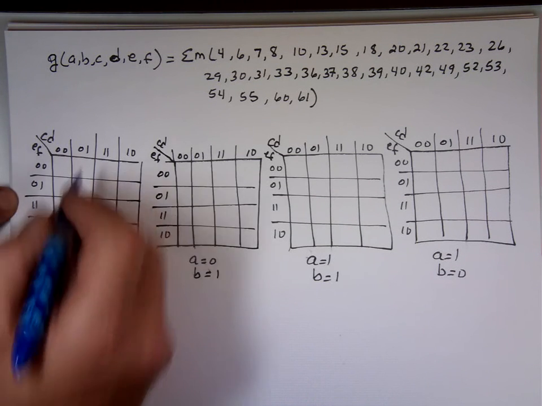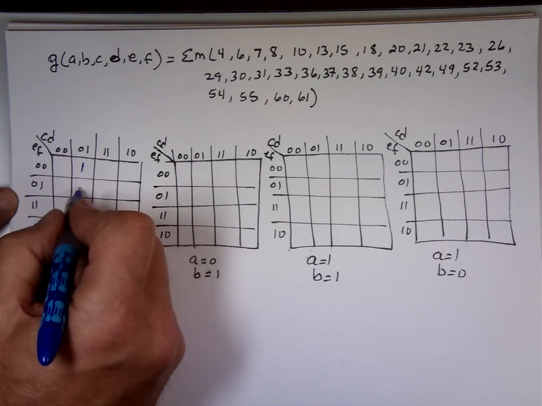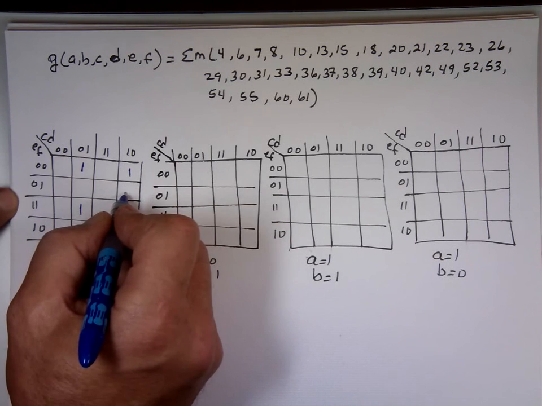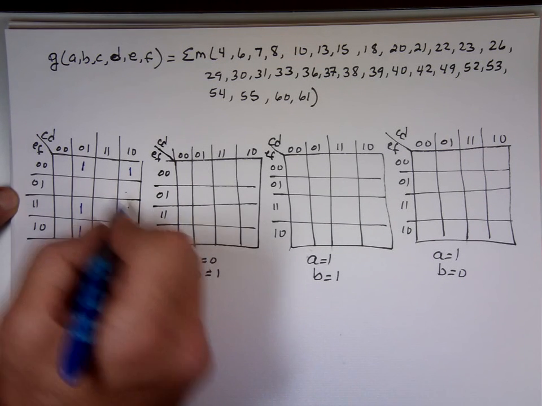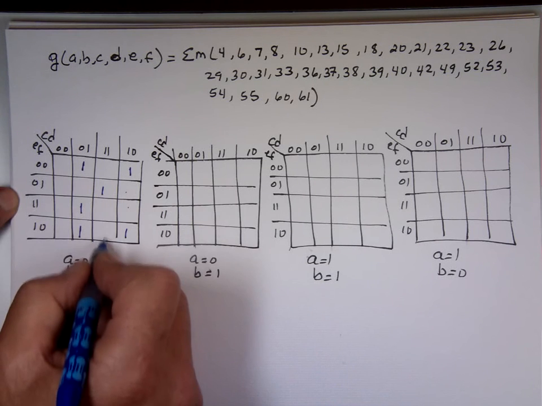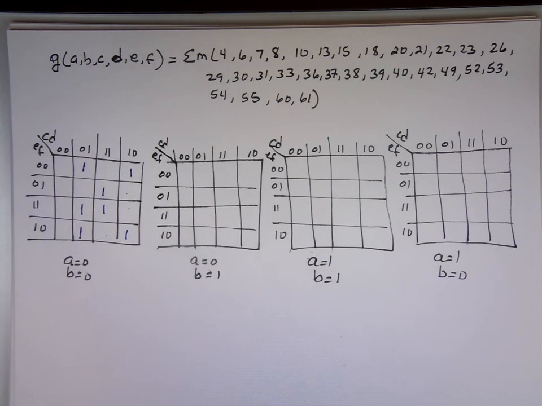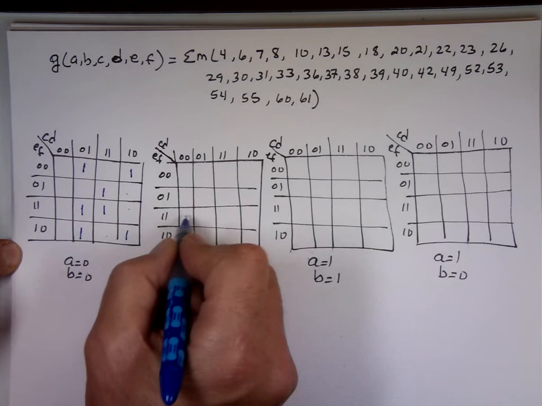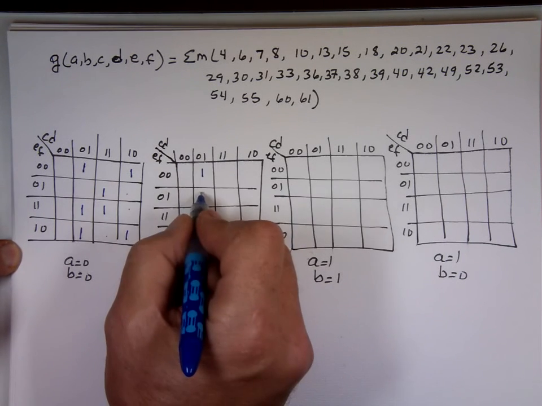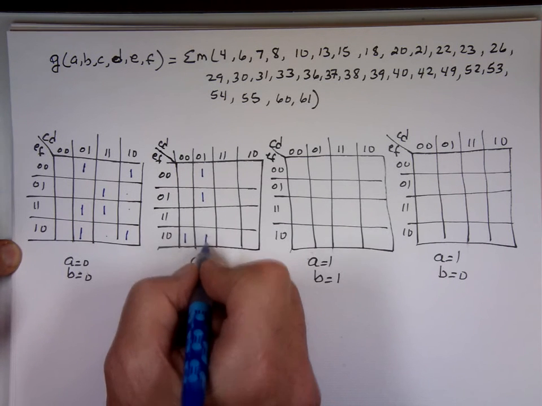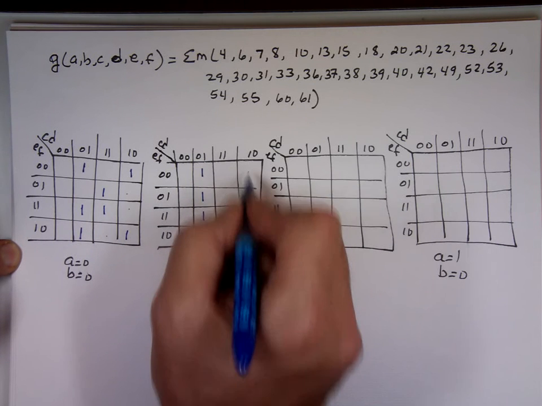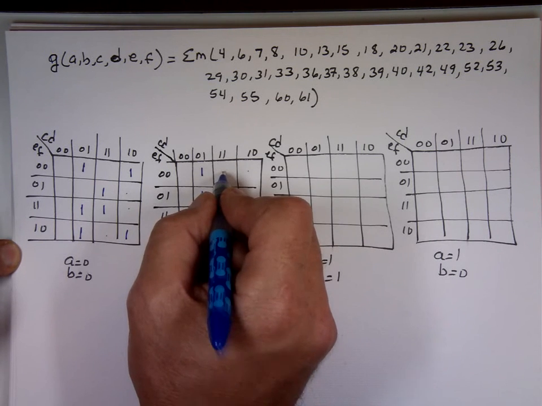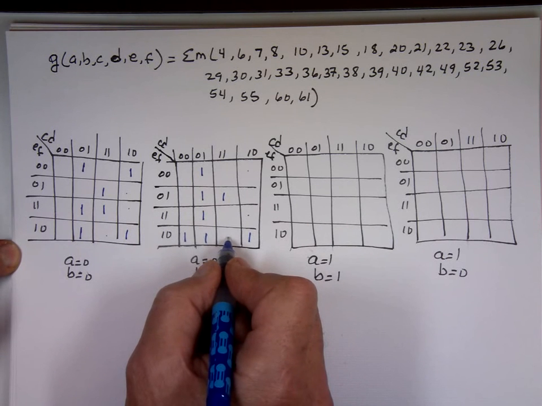Yes. 5, no. 6, yes. 7, yes. 8, yes. 9, no. 10, yes. 11, no. 12, no. 13, yes. 14, no. 15, yes. 16, no. 17, no. 18, yes. 19, no. 20, yes. 21, yes. 22, yes. 23, yes. 24, no. 25, no. 26, yes. 27, no. 28, no. 29, yes. 30, yes. 31, yes.